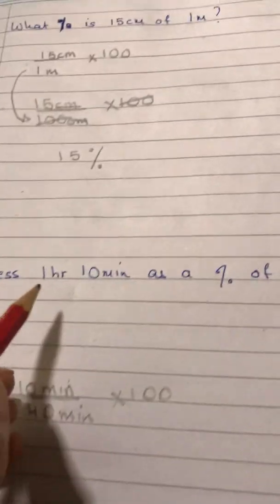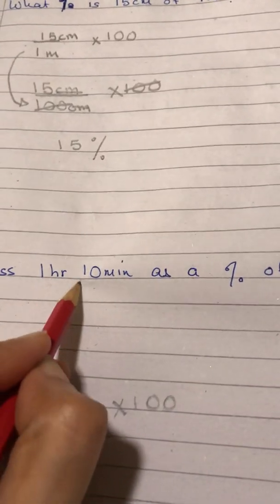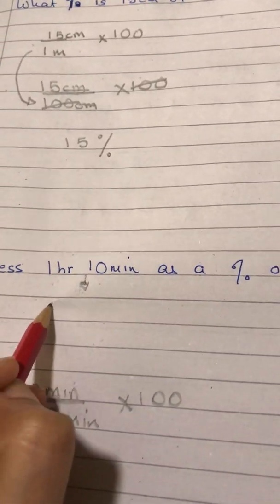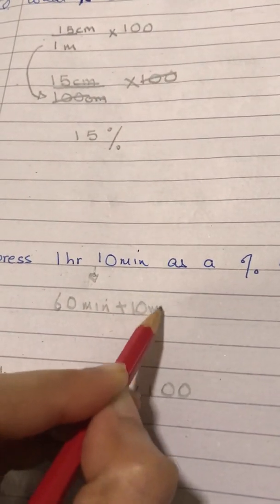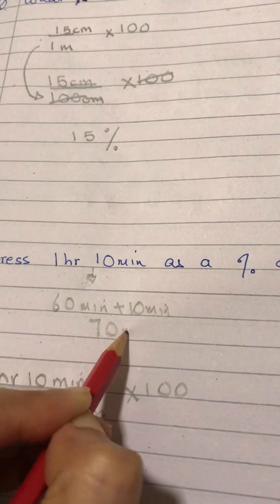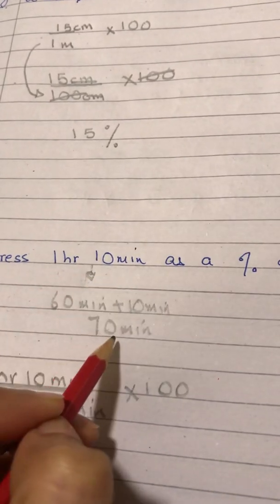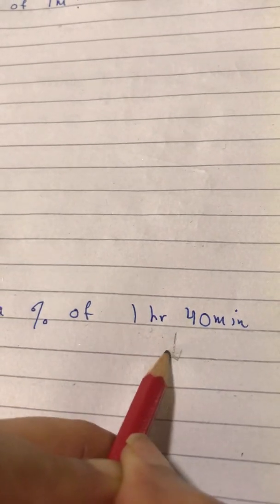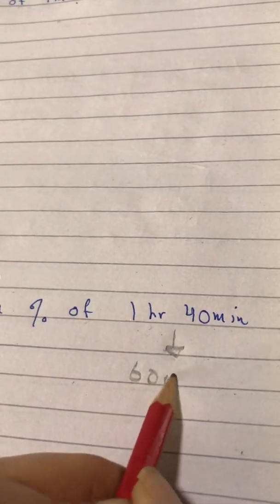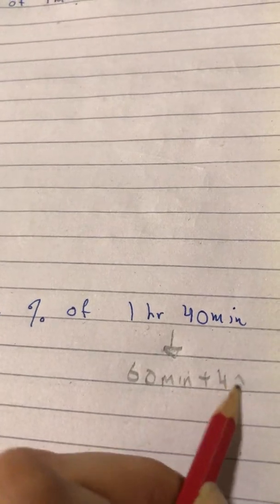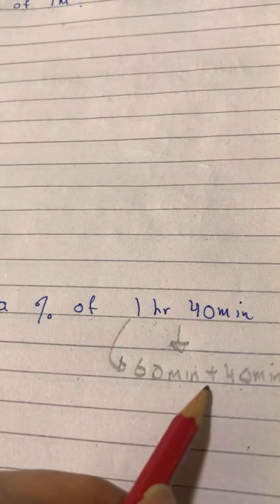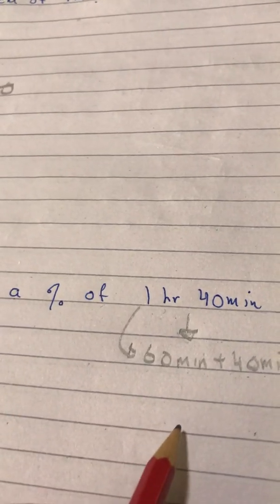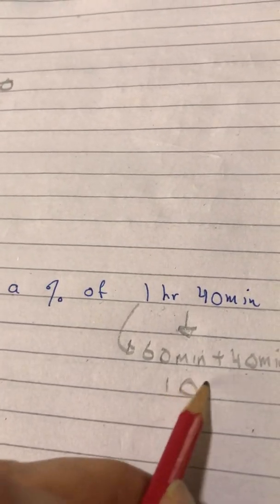Now we cannot go on further if we have two different units. So let's change the hours into minutes. Now 1 hour is 60 minutes plus 10 minutes will give us 70 minutes. So 1 hour 10 minutes is actually 70 minutes, and 1 hour 40 minutes is actually 60 minutes plus 40 minutes, which gives us 100 minutes.